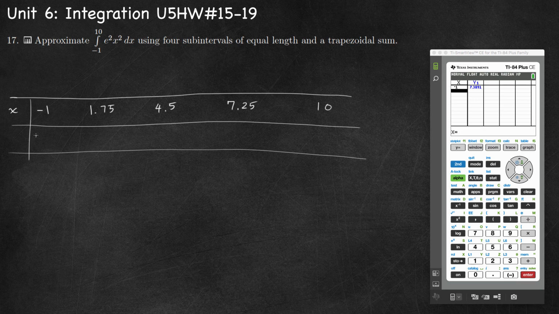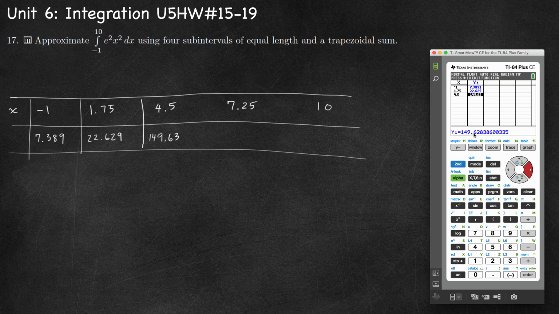So we have 7.389. And then the y value at 1.75 is 22.629. At 4.5, I get 149.63. And if I need to see more decimal places, I can put my cursor over that value.